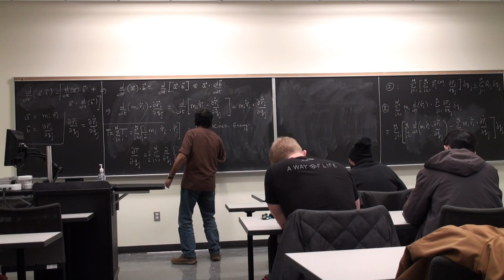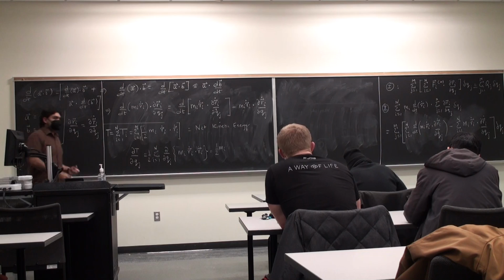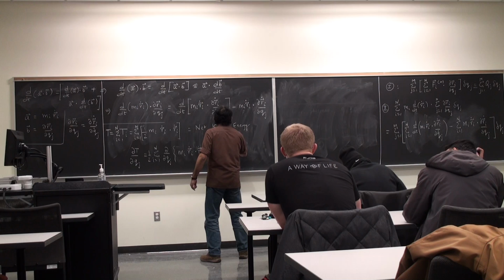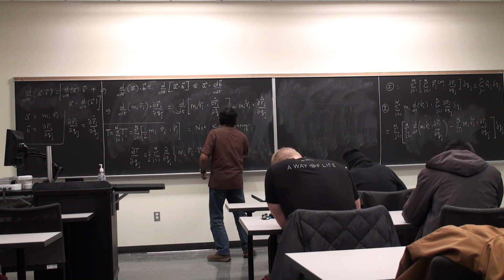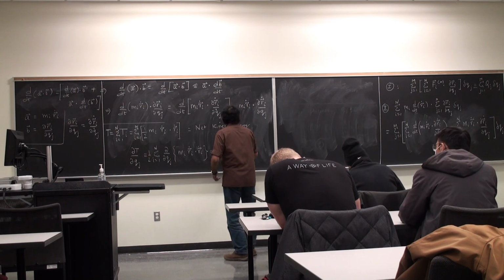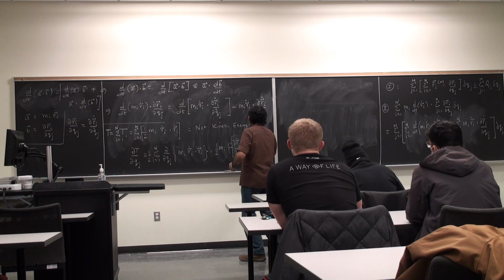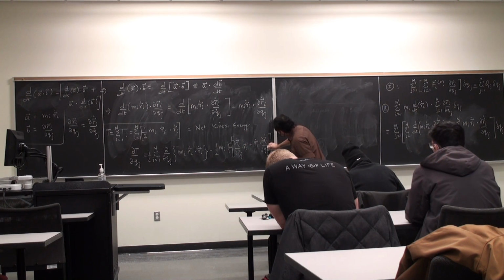So this is going to be half m_i summation i, d by dq_j of r_i dot dotted with r_i dot, plus r_i dot dotted with d r_i dot by dq_j.